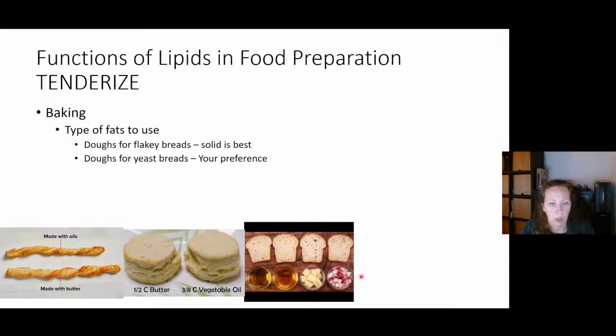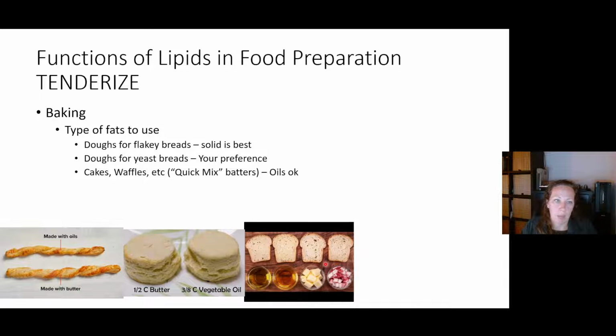They used homemade lard for it. And they all had different textures and flavors. The butter and the lard have the best flavor, but it is really your preference for what you are desiring in your bread, as far as texture and flavor.